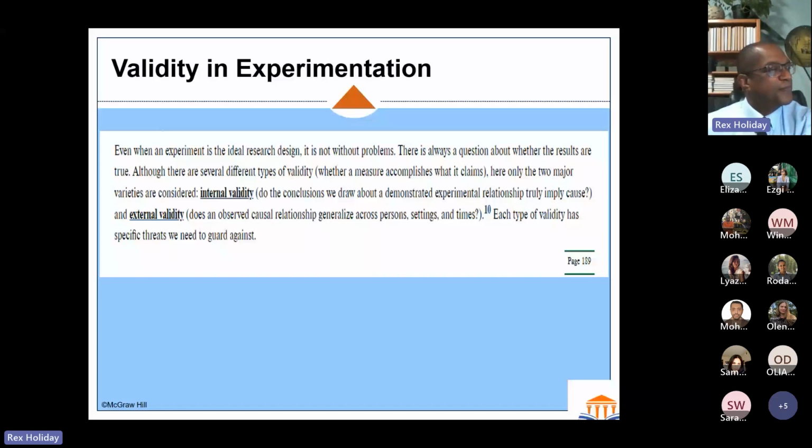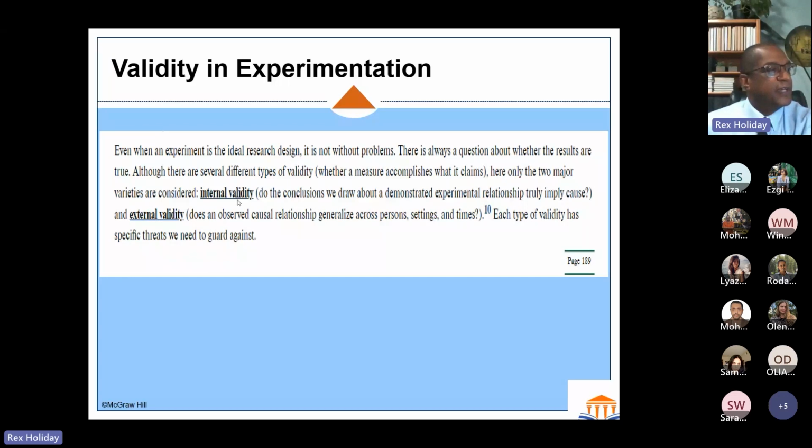Okay, so even when an experiment is the ideal research design, it is not without problems. There's always a question about whether the results are true. That's something to think about. Although there are several different types of validity, whether a measure accomplishes what it claims, we're only focused on the two that the videos talked about.